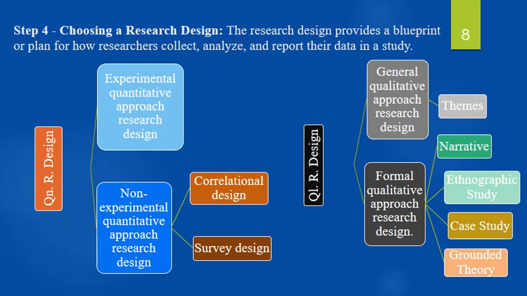In other qualitative studies, the researchers choose a more formal qualitative design such as a narrative, ethnographic, case study, or grounded theory design. An example of a qualitative research design is an ethnographic design, which a researcher chooses to understand the shared culture of a group.